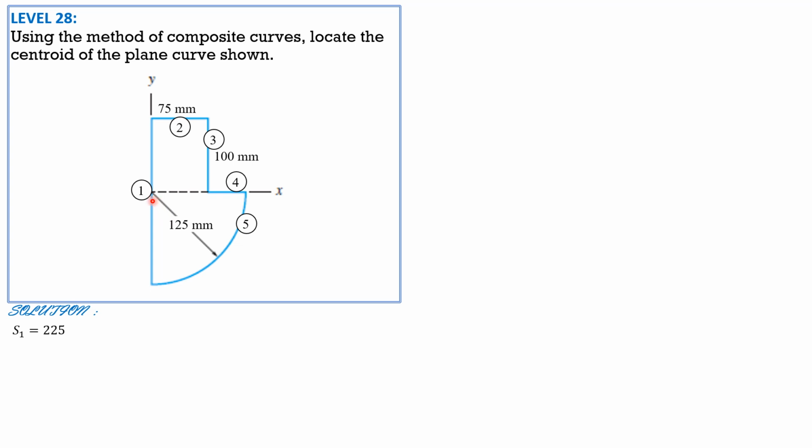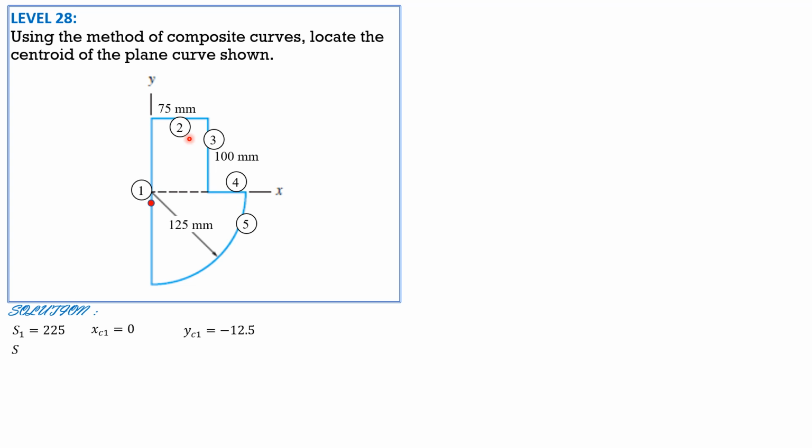The centroid lies here, so its x sub c, xc1, is 0. Then half of 225 is 112.5, since this is already 100, and the centroid lies below the x-axis, so it is negative 12.5.